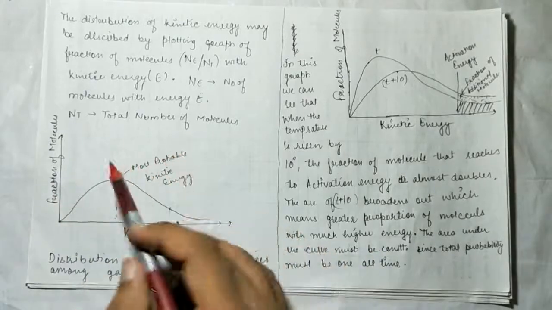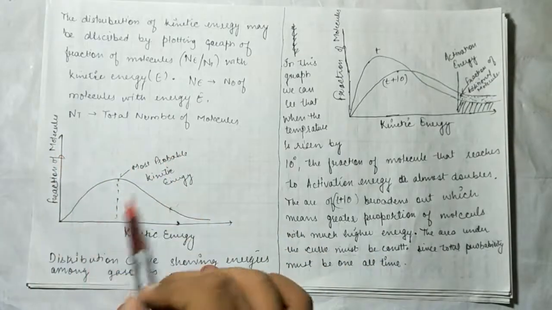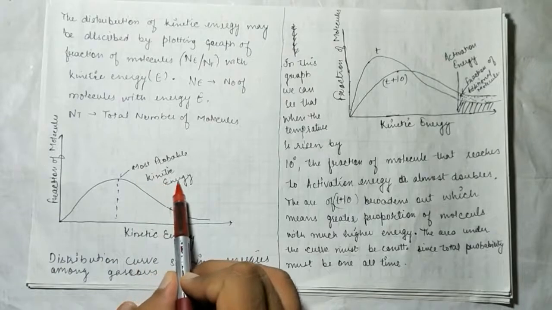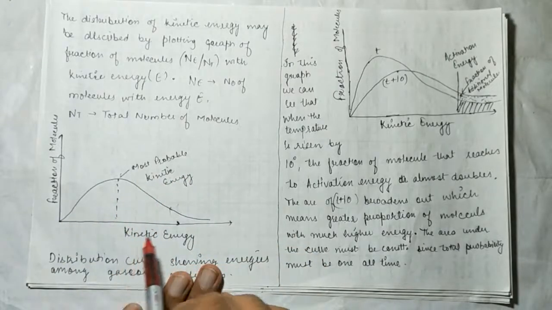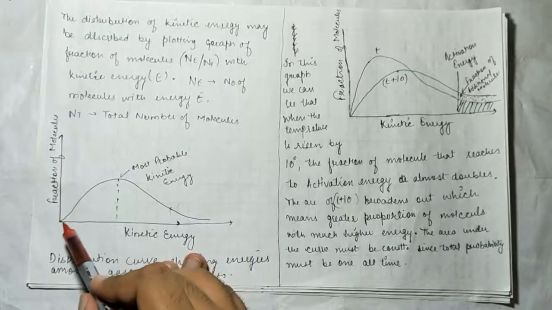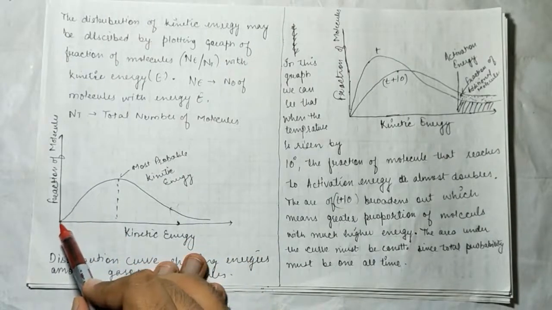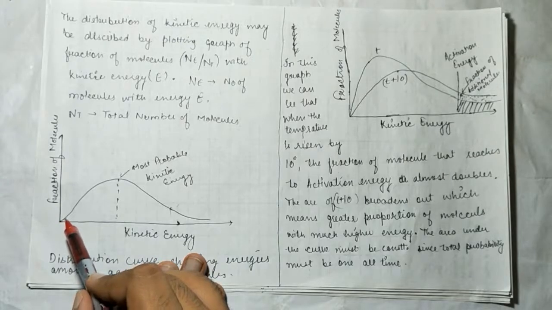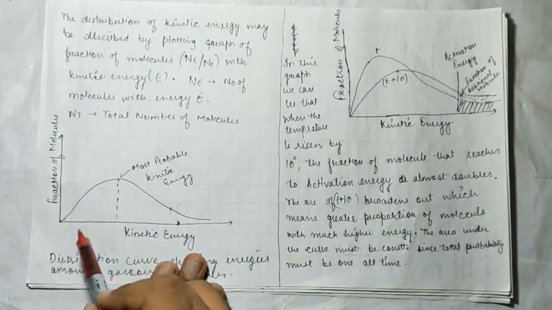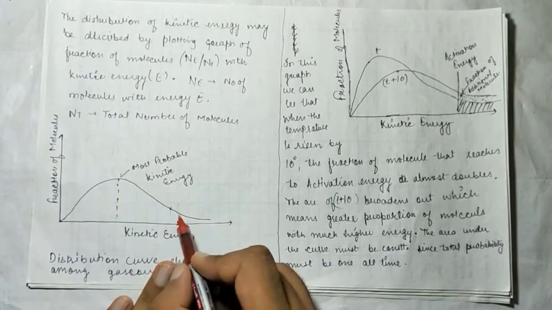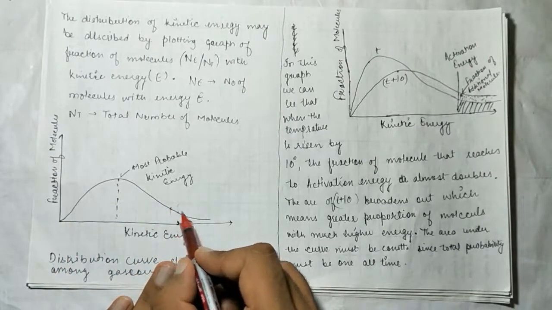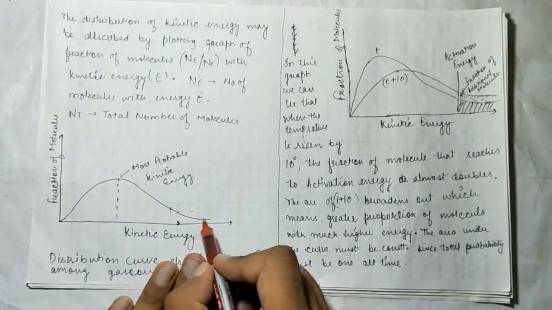In this graph you can see that this is the fraction of molecules, this is the most probable kinetic energy. This is the kinetic energy, and you can see in this graph that initially only a few molecules were there, that means a fraction of molecules having very less kinetic energy, and very few molecules are here which are having very high kinetic energy.